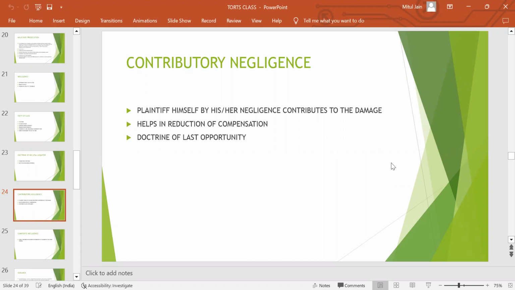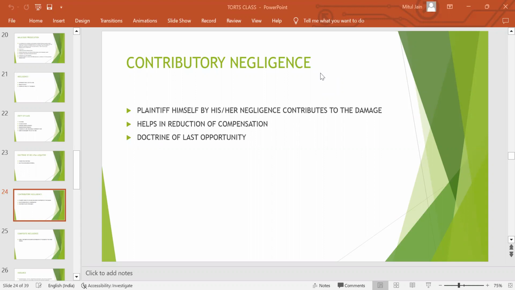Now in this situation, there is negligence on both parts. Yes or no? That is where contributory negligence comes into play. Now when there is contributory negligence, it ends up holding both plaintiff as well as the defendant liable, and then it helps in reduction of the compensation.